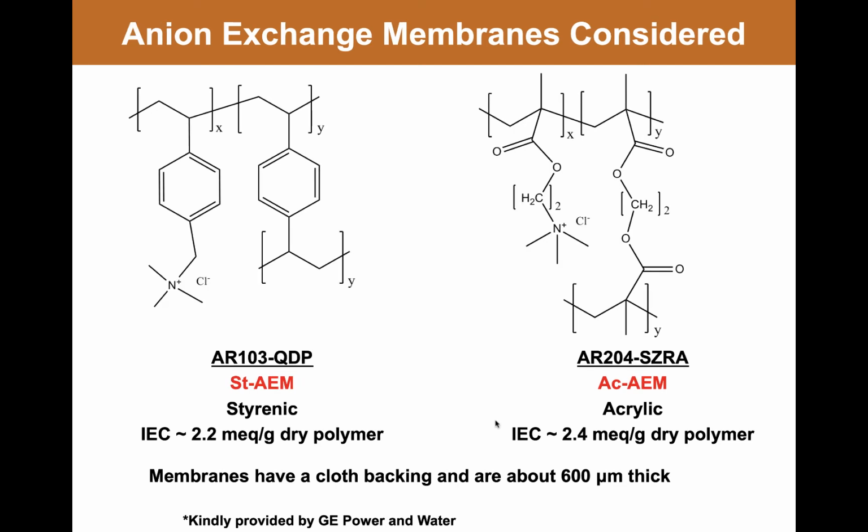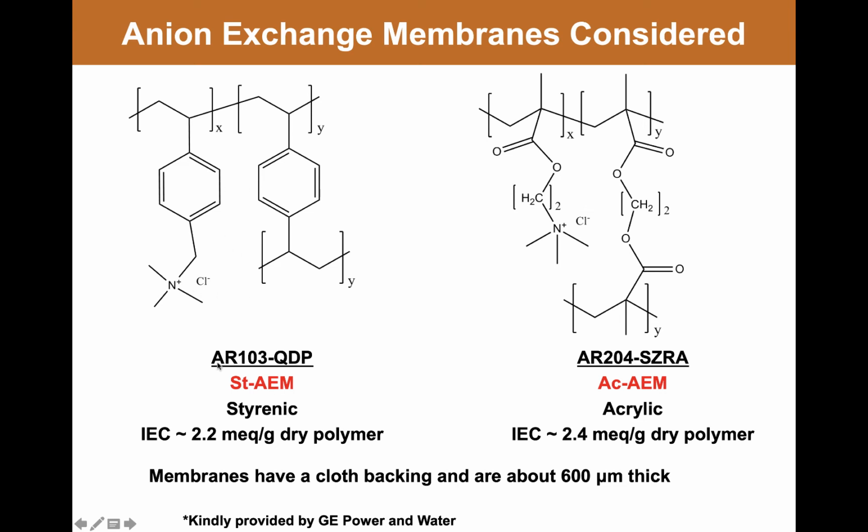Now, this slide shows anion exchange commercial membranes, and these look an awful lot like the cation exchange membranes, except instead of having sulfonate groups coming off the styrene, they have quaternary ammonium groups. The trimethyl quaternary ammonium group is a very basic group, and it is essentially charged at all pHs of interest, so it's fully ionized when it's used for water purification.